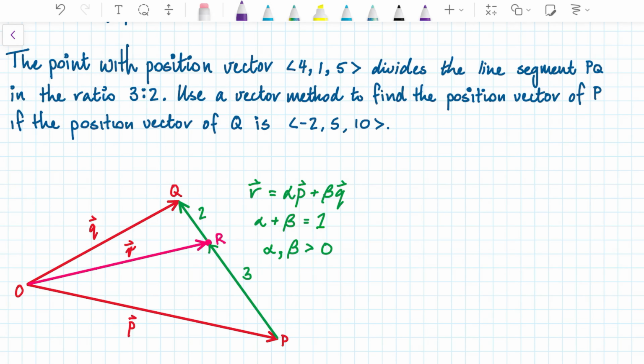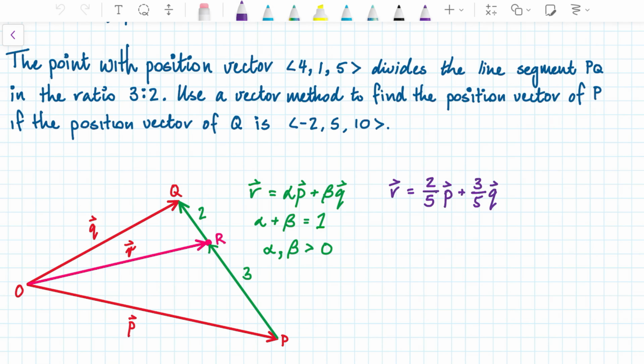So the dividing point, which can be expressed as the position vector R, is going to be equal to 2/5 P plus 3/5 Q. This linear sum of the vectors P and Q reflects the geometric idea that the point R is 3/5 of the way from point P to Q, or it could be said that it's 2/5 of the way back from Q to P.